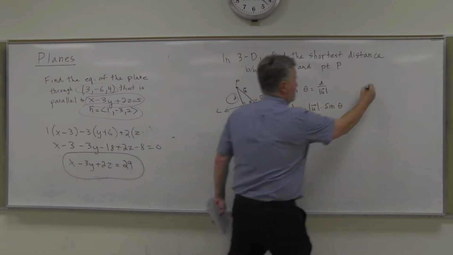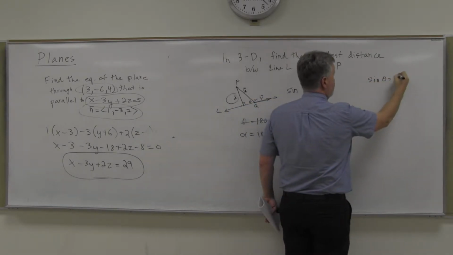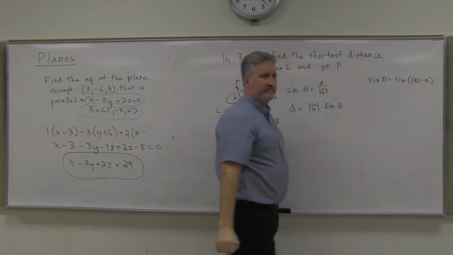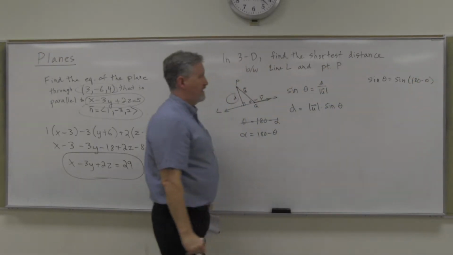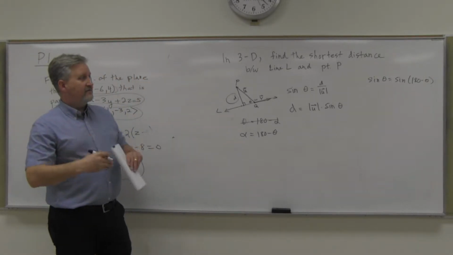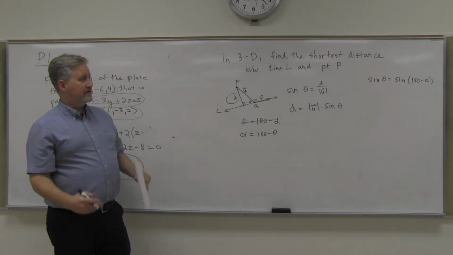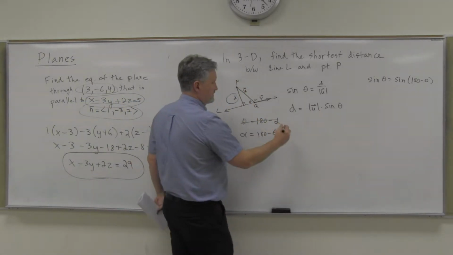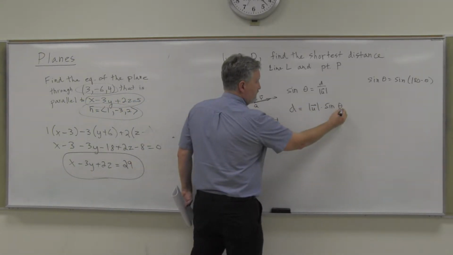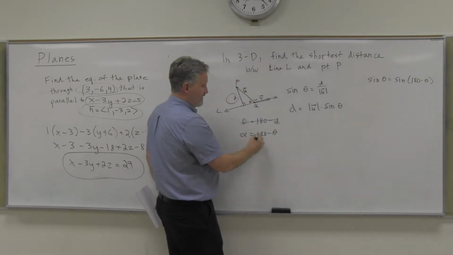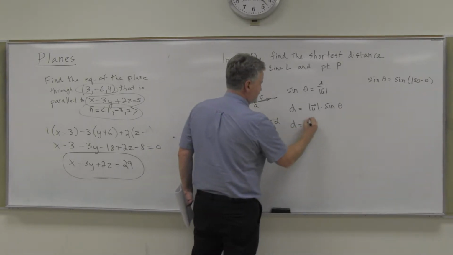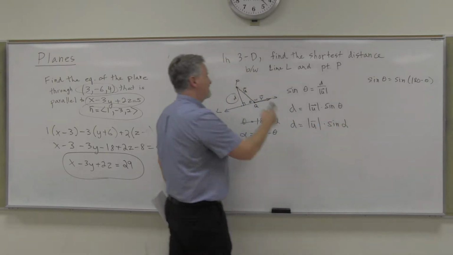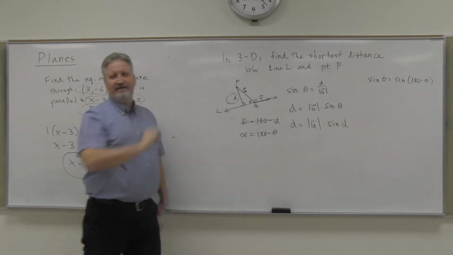By trig identity, we know that the sine of theta is the sine of 180 minus theta. That's a trig identity. Check that out. The sine of the angle is the same as the sine of 180 minus theta, or pi minus theta, whatever you want to call it. Well, 180 minus theta is alpha. So anyway, long story short, it turns out the sine of theta would be the same thing as the sine of alpha.